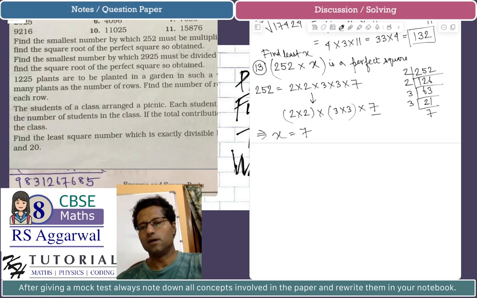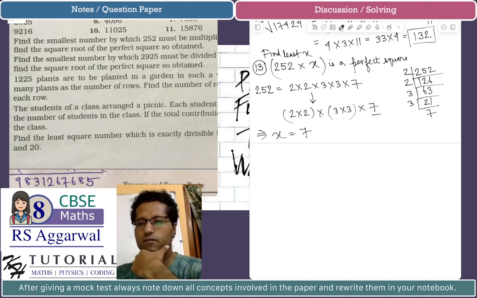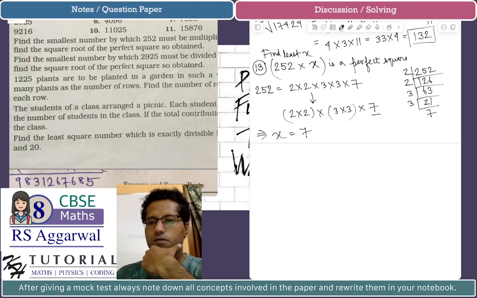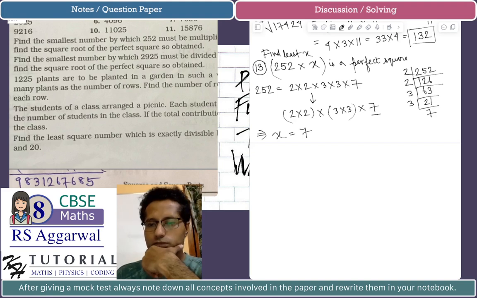That is, after we have rearranged the product of the prime factors as a product of pairs of equal factors, from that we will obtain all the prime factors which are not part of any pair. So in this example, 7 is the prime factor which is not part of any pair.